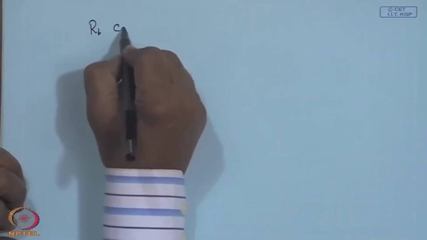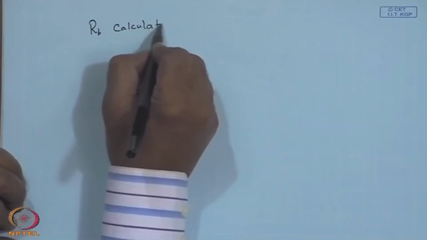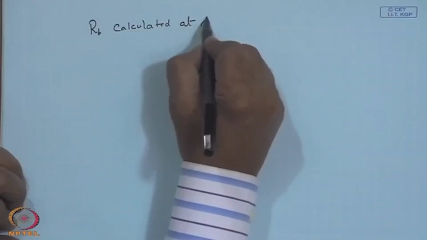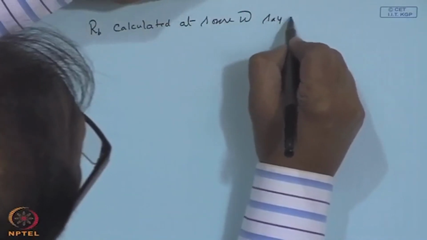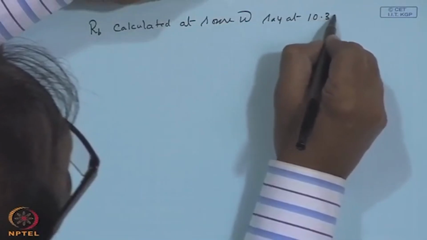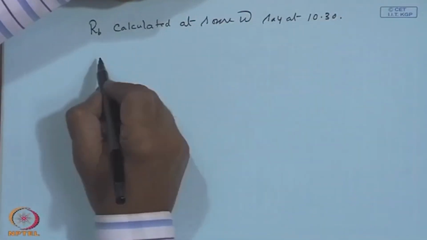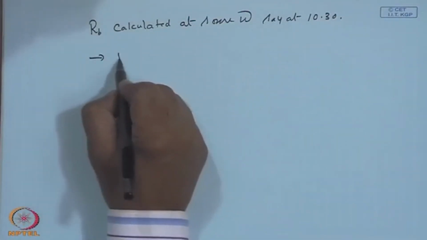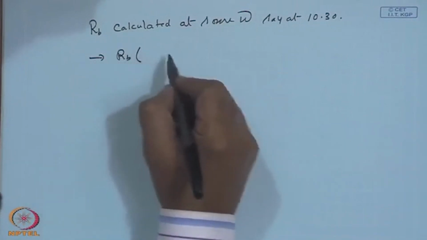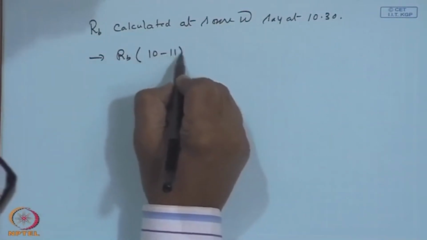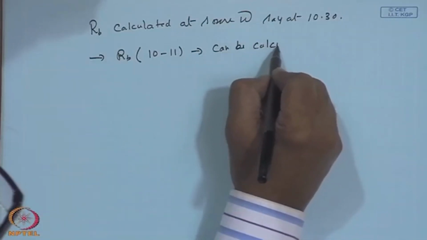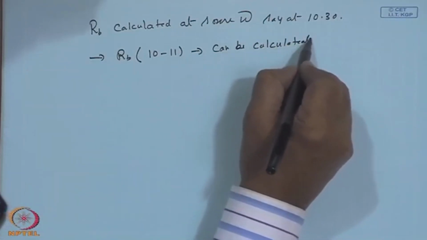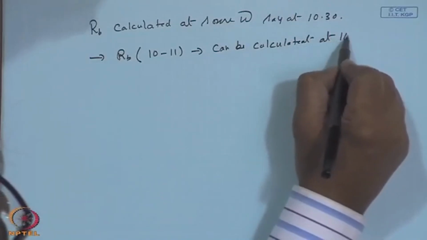Regarding the angles and RB, I was mentioning that we calculated RB at some omega, say at 10:30. We have been emphasizing that this RB for the hour 10 to 11 can be calculated at 10:30.